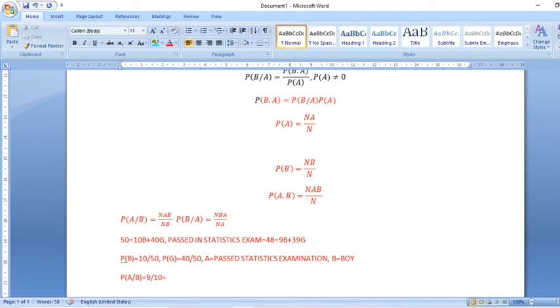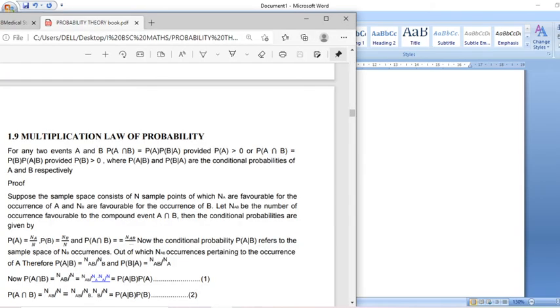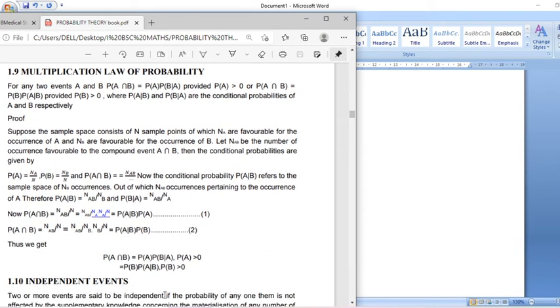So this 9 is actually the number of A intersection B, and this 10 is the number of boys. So you can represent the conditional probability like this: probability of A given B is equal to n of AB by n of B, and probability of B given A is equal to n of AB divided by n of A.